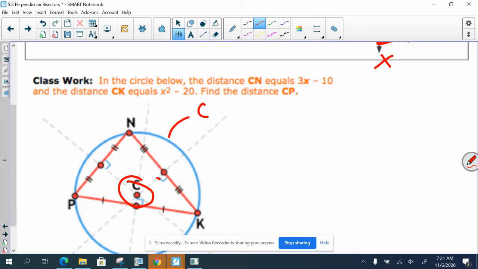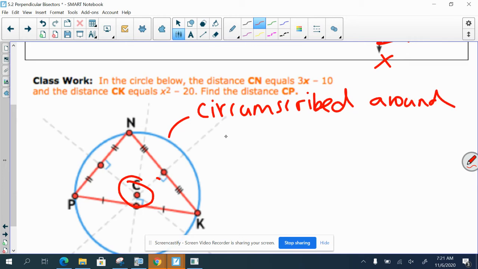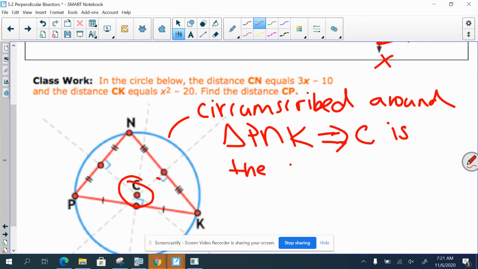So this circle is circumscribed around triangle PNK, which implies, therefore this little double arrow symbol, that C is the circumcenter.